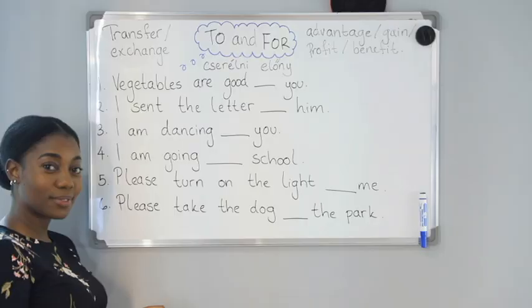But for can also be used to explain a benefit which is intangible. If someone says thank you or I love you, these words make you feel good. So an advantage or a benefit is something that makes you feel really good inside. Let's look at a couple of examples of sentences which will help us understand the difference between to and for. Let's get to it.